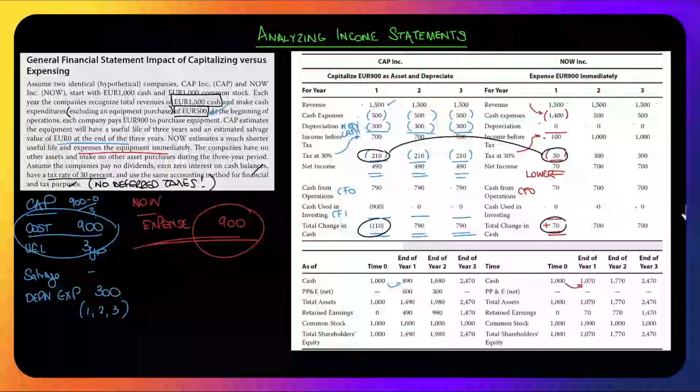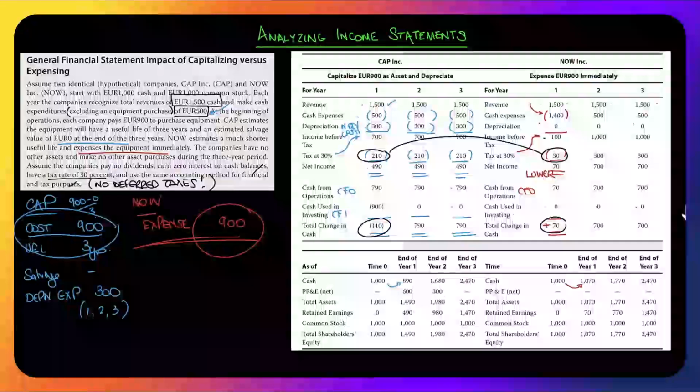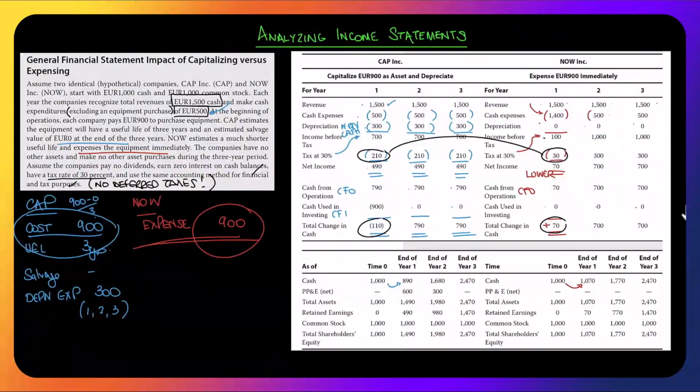In year 2, what happens for now? 1,500, less cash expenses now, only 500 and no depreciation. Profit is now 1,000. Profit is higher in year 2. Tax is also a little bit higher, 300, but we still end up with 700 of net income. That is higher. Why? No depreciation.